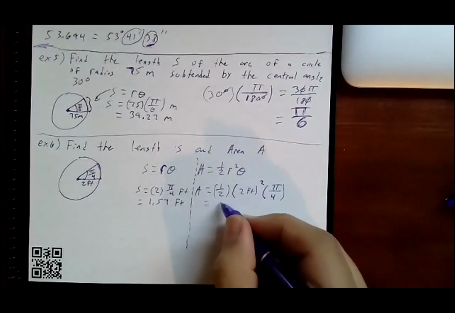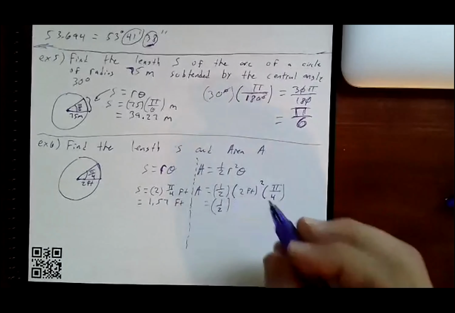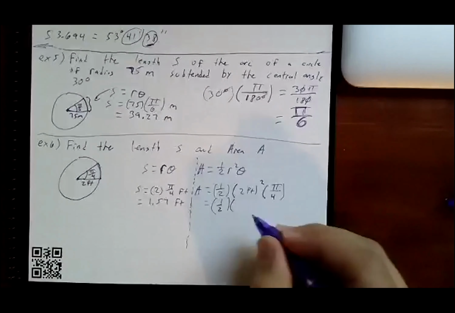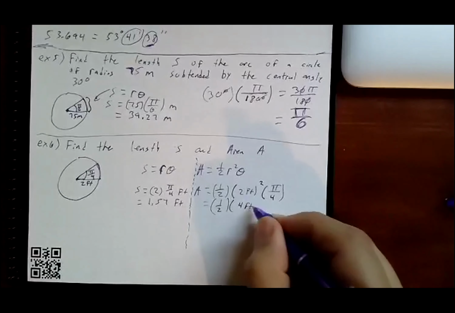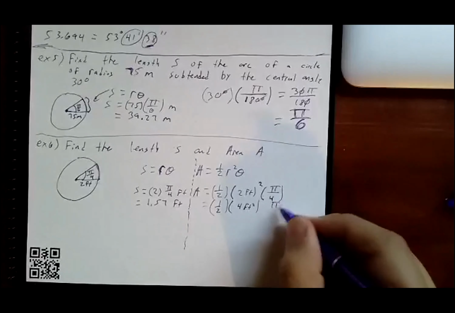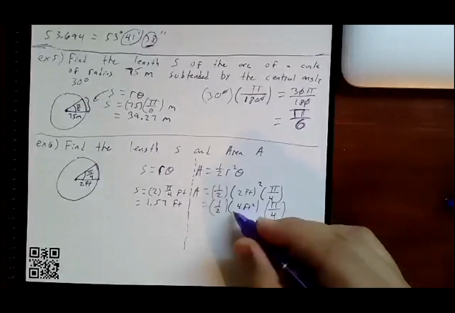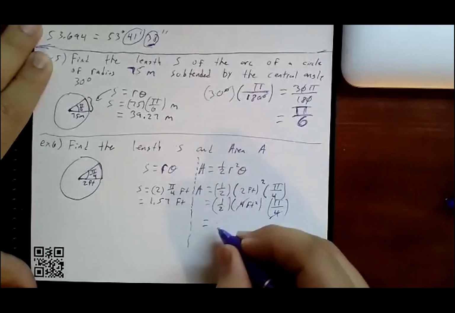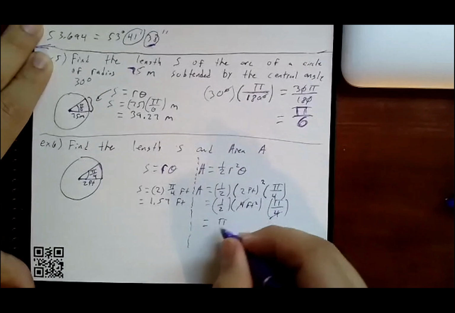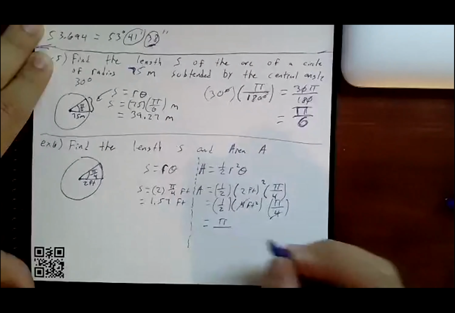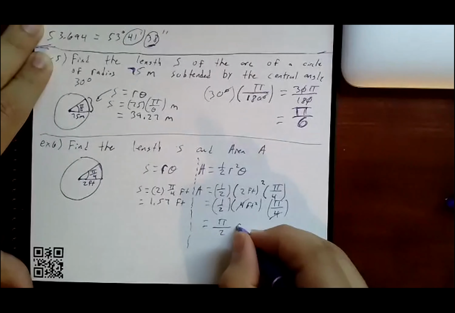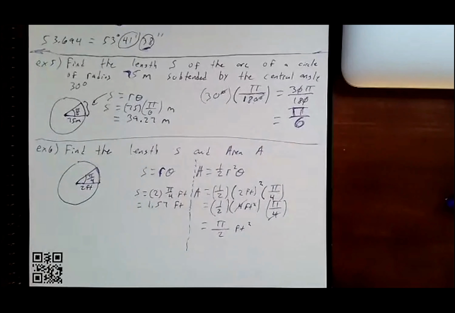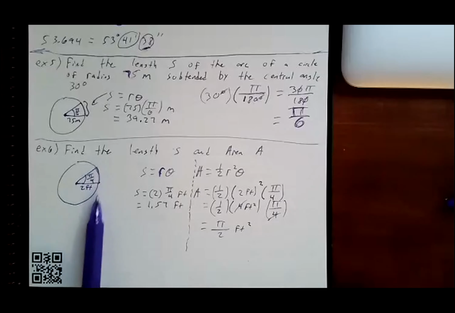These 4s will cancel, leaving you with a 1/2 and a pi. That 4 is gone. Turns out to be the same except in feet squared. That's interesting. Pi over 2 feet squared. So this represents area. That represents that S distance.